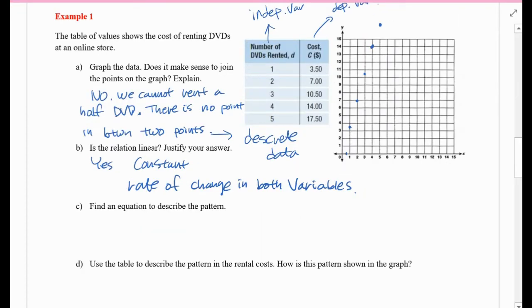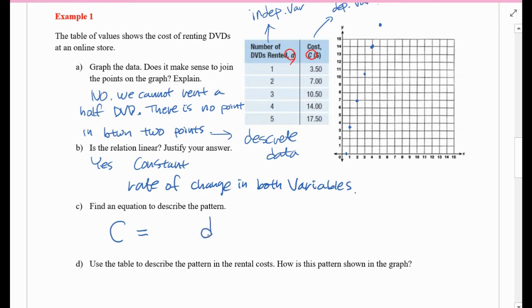Next, find an equation to describe the pattern. Again, this is the independent variable and the dependent variable. The equation always starts with the dependent variable, and write down the independent variable here.